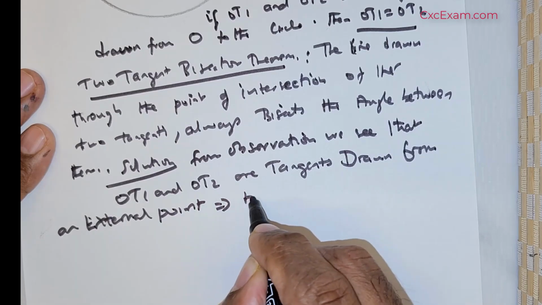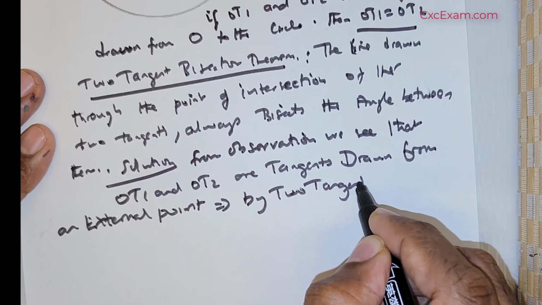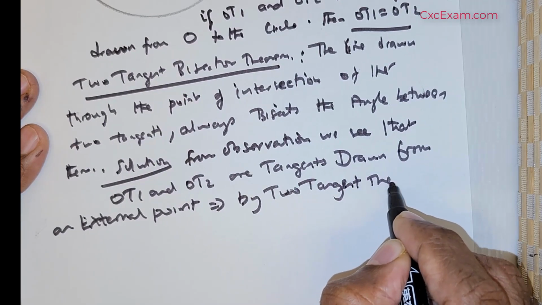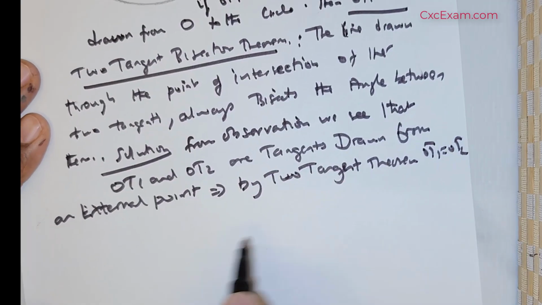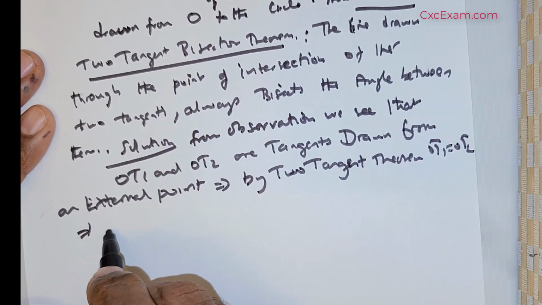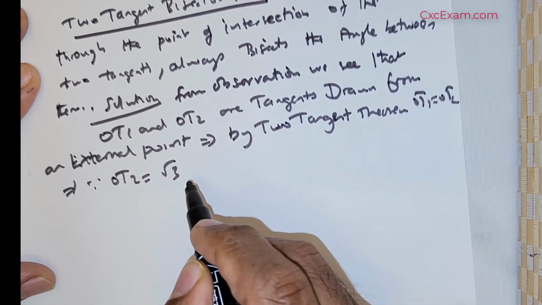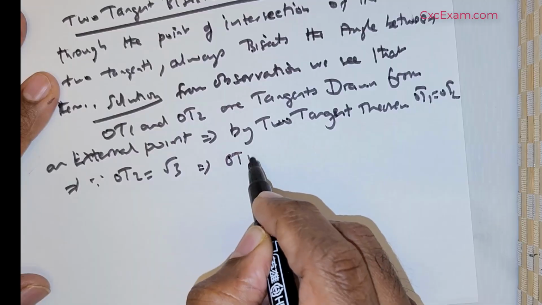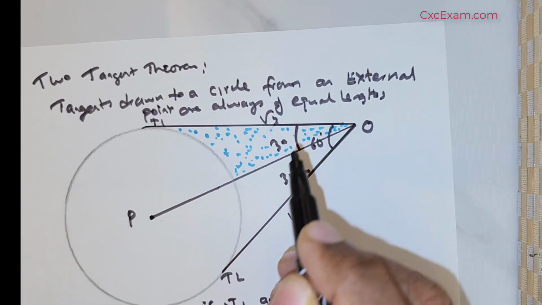So this means you have to state the theorem: by two-tangent theorem, OT1 is equal to OT2. Since OT2 is equal to root of 3, we have OT1 is equal to root of 3.